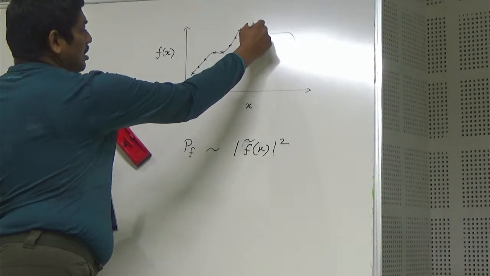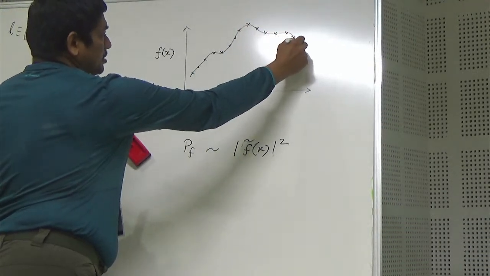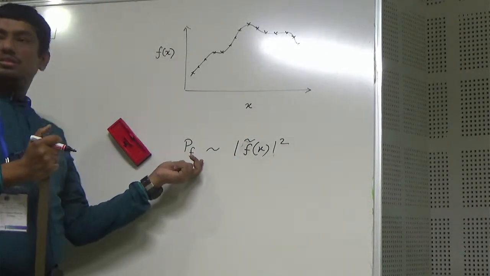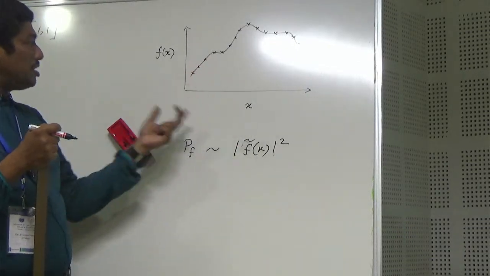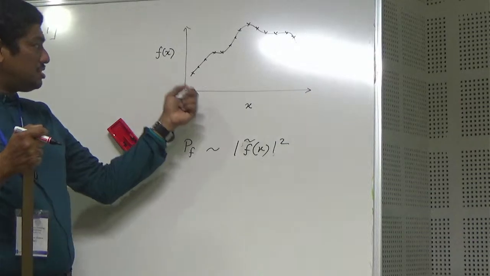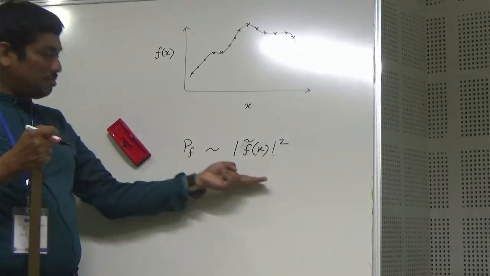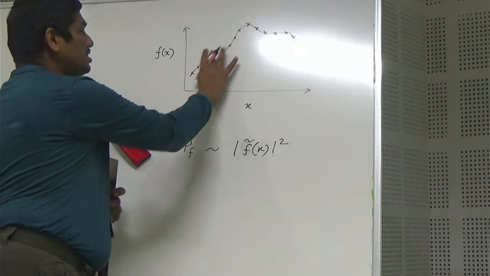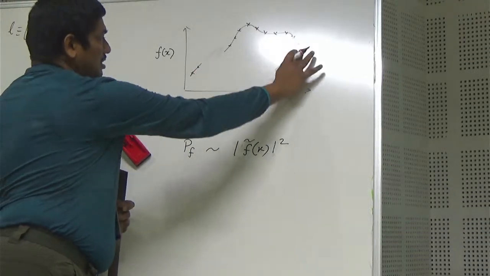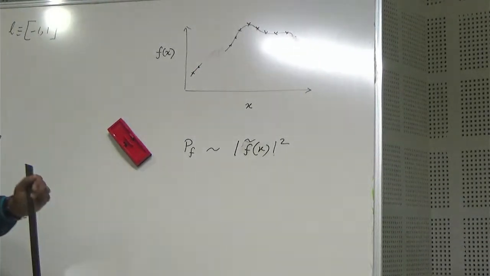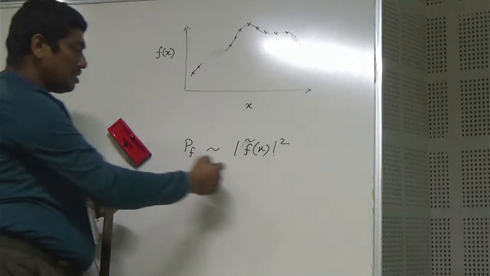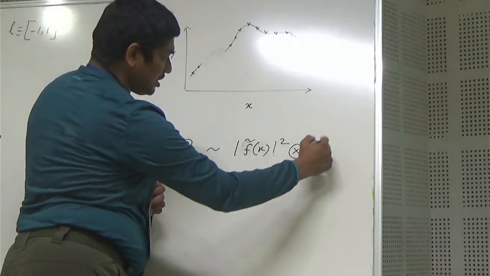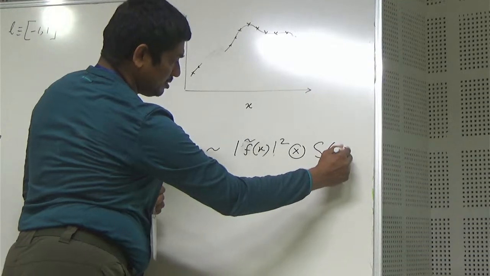if I can measure it at regular intervals, then given the Nyquist criteria, I will be able to reproduce this quite well. Depending on the range in x over which you have measured and what delta x is, I will still be able to reproduce this function. But if I now have certain measurements missing, let's say missing there and missing there, then this gets convolved with some function which you call the sampling function.